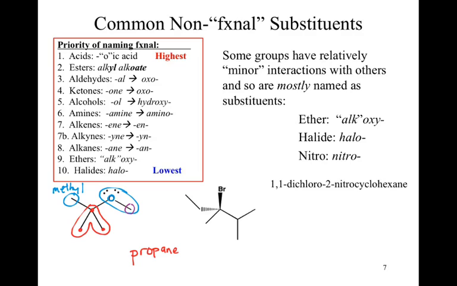In this case, there's one carbon, so we would reference this as a methoxy substituent. In step 3 of this naming system, we would then go through and number. We're at 1, 2, 3 with our propane. We have the methyl located at position 2. We have the methoxy located at position 2.